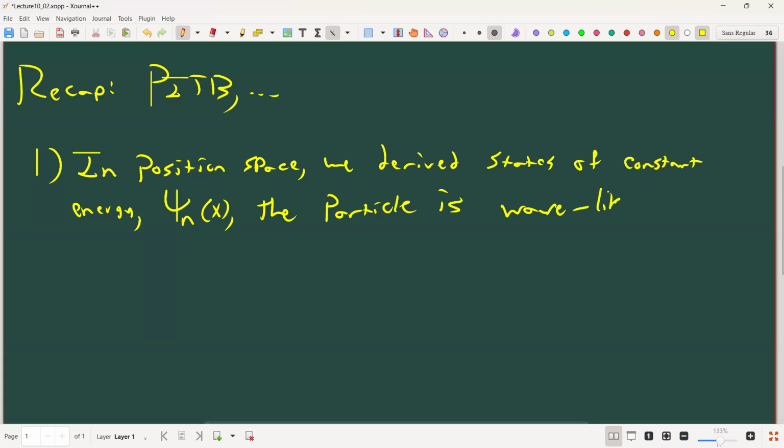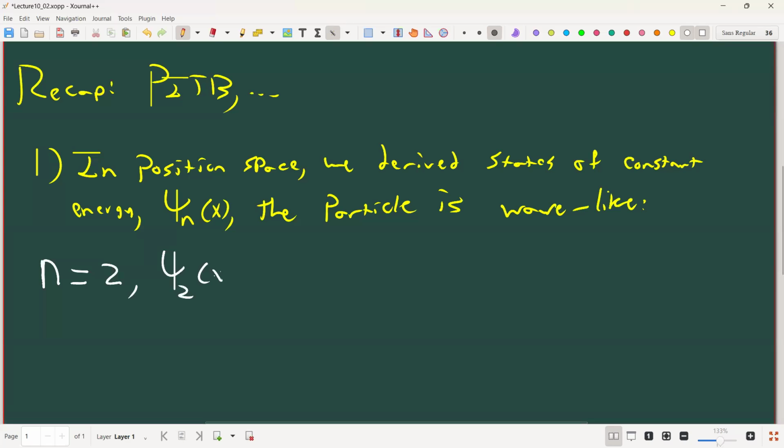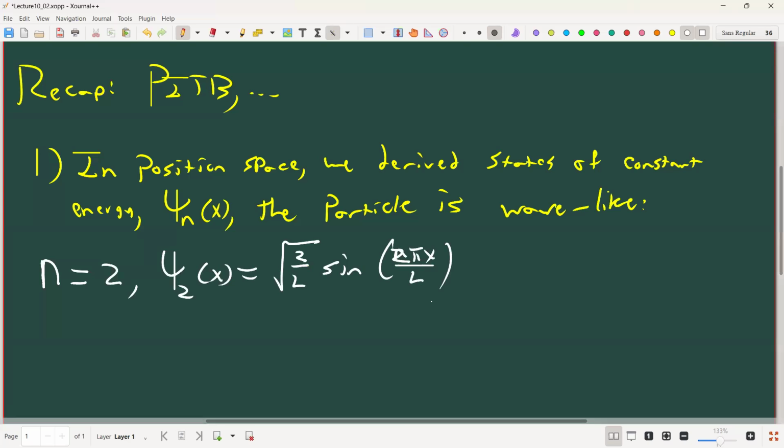And we looked at, again, just very simply, n equals 2, the first excited state of our system, right above the ground state, psi 2 of x, square root of 2 over L sine of 2 pi x over L. And remember, what we actually observe is not the wave function, because this is a function that goes negative and positive.